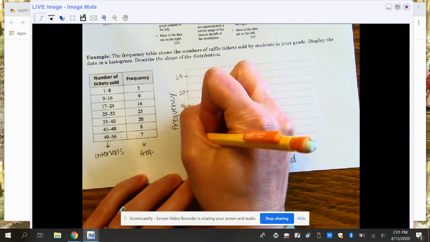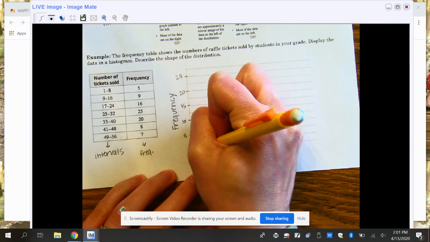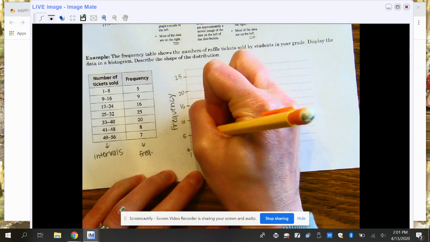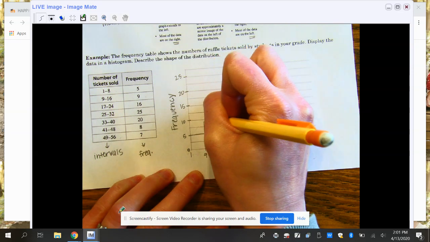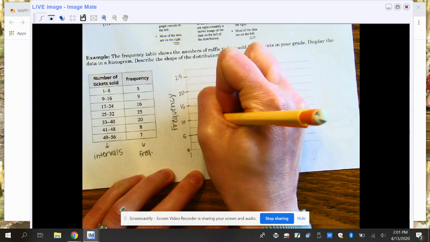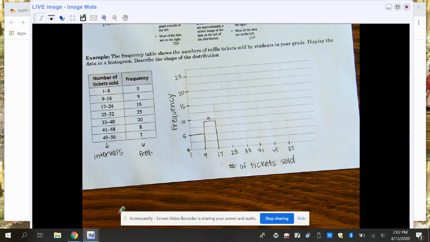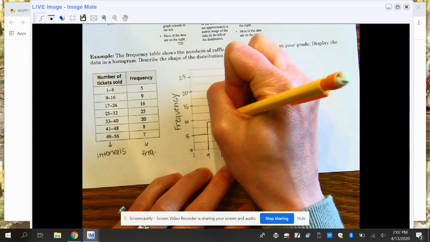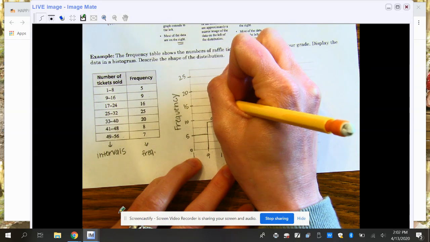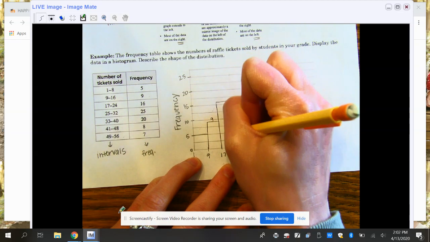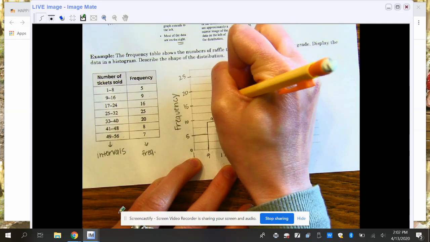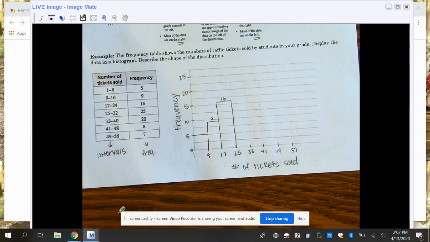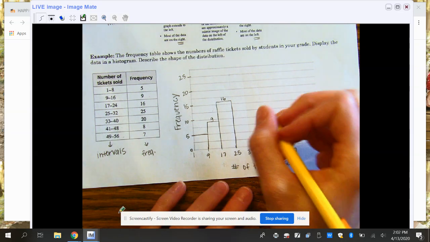All right, so our first interval had sold 5 tickets, and then we had 9. I'm going to go ahead and write 9 at the top there since I had to estimate. And then my next interval had 16. And again, I'm going to write that on top of there. Whenever you have to estimate, it's never a bad idea to write that.